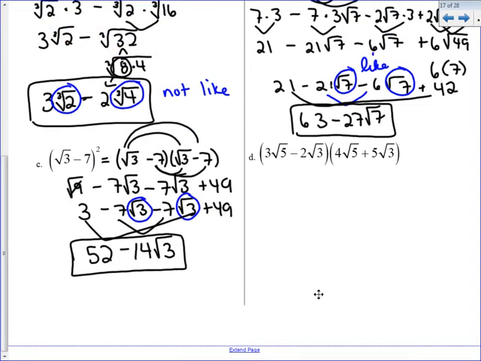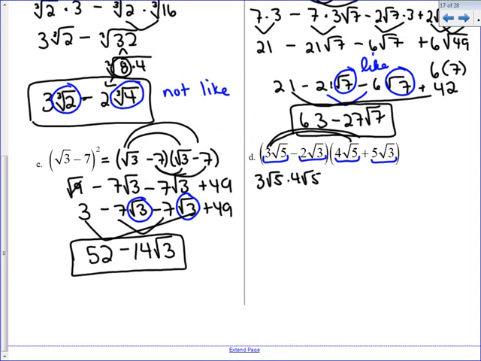All right, so foiling. One thing to keep in mind is that each of these is a single term. Even though it's got two parts to it, they're each only one. There's 4 terms there. So when we go for our first, it's that whole 3 square root of 5 times 4 square root of 5.